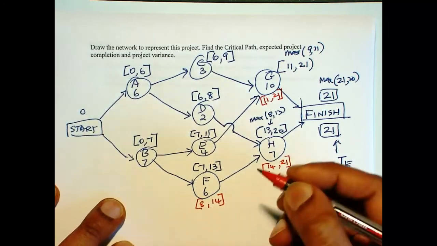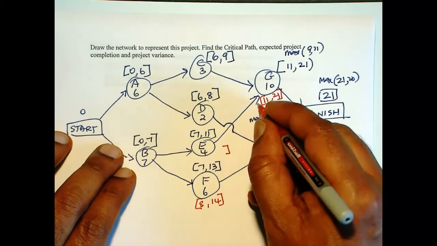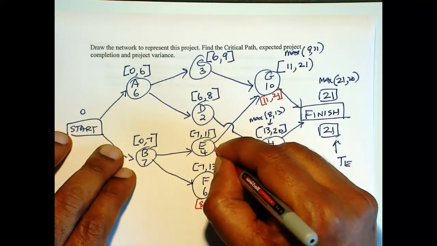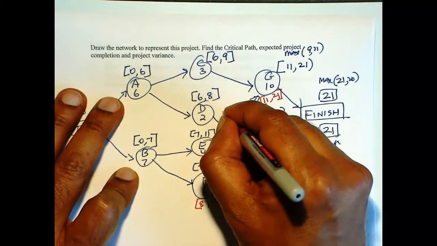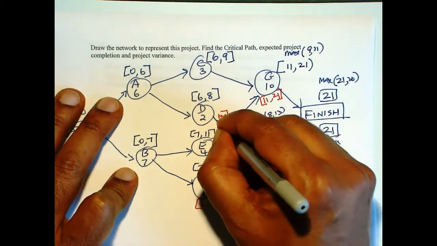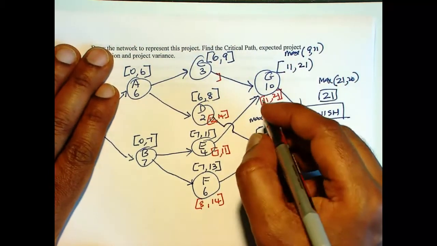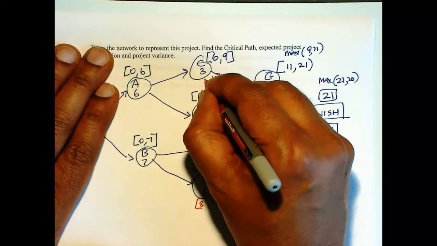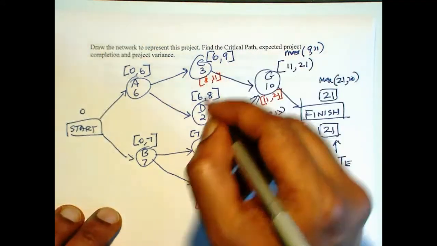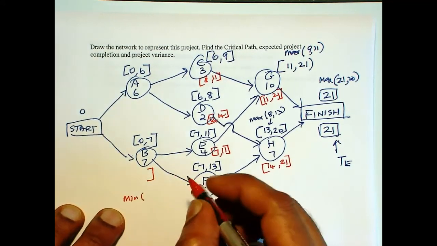For D it is 14 minus 2 is 12. C is 11 minus 3 is 8. And here we have two arrows going out, so we have to do a min between 7 and 8. So that gives us 7 and 0.